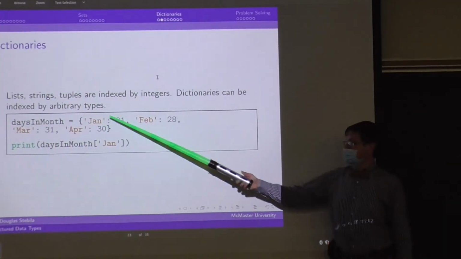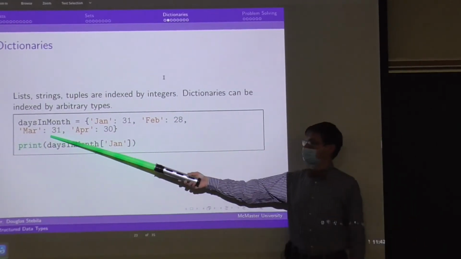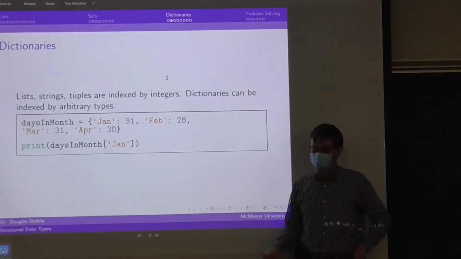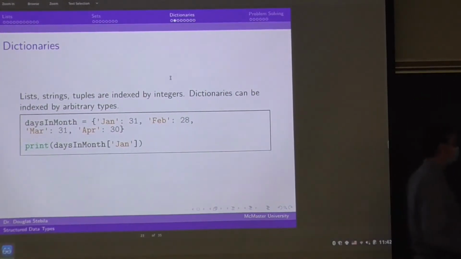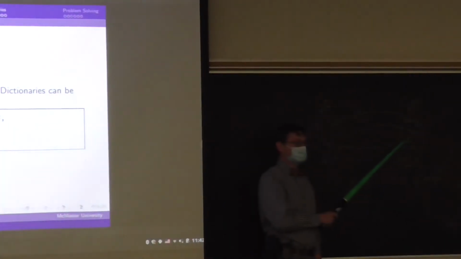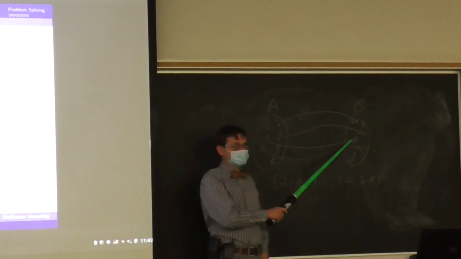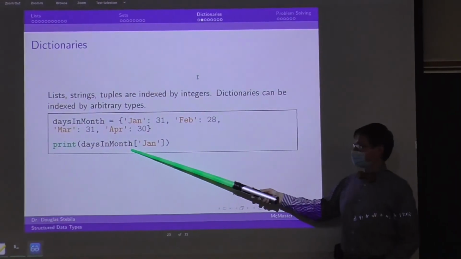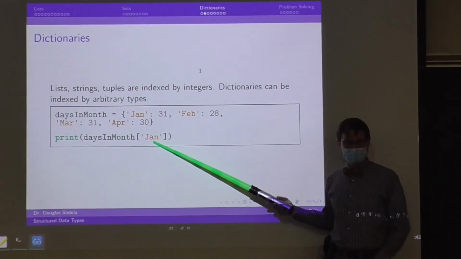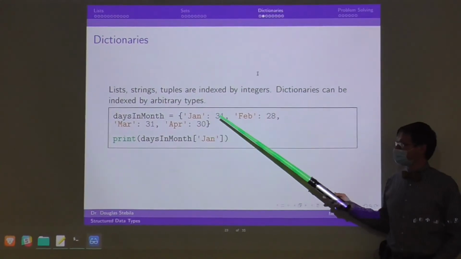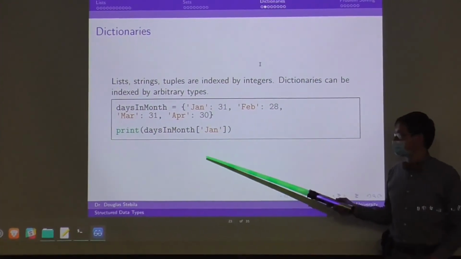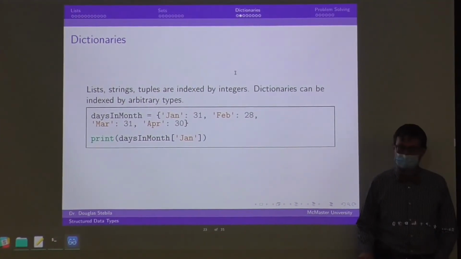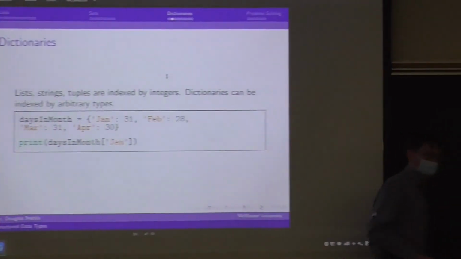So, January maps to 31, February to 28, March to 31, April to 30, etc. We may access the elements of set B using a known element of set A. So in this case, days in month with January provided as a key accesses the value 31. So this will print 31. Does that make sense? Good.